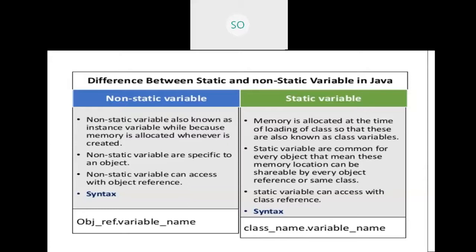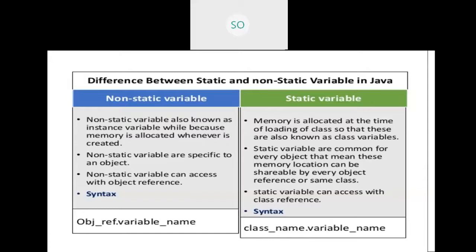Next difference, non-static variables are specific to an object, means we need to refer through the object. Static variables are common for every object, which means this memory location can be shared by every object, as a reference of the same class.